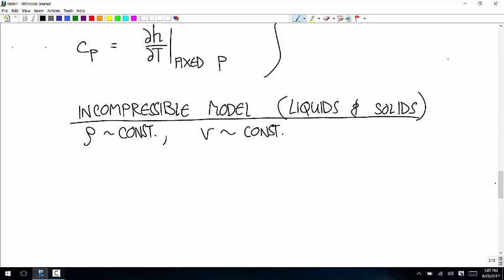And with these assumptions, we get that the internal energy is only a function of temperature. And the specific volume is about constant.